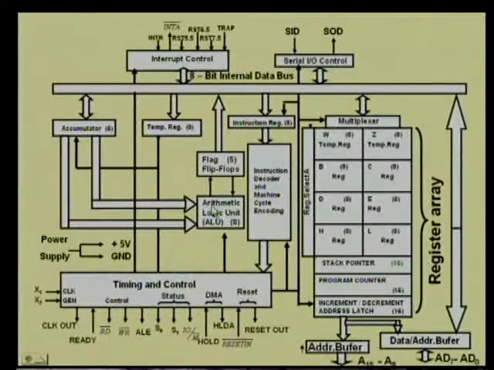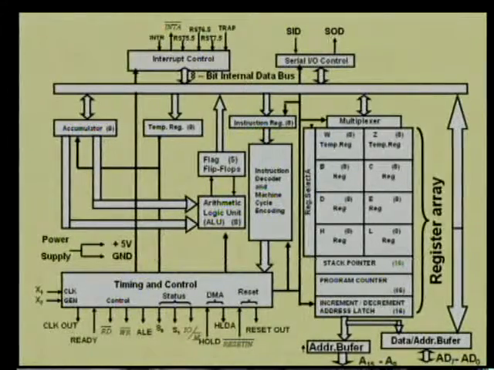Finally we are going to see the architecture of 8085. Here it basically consists of the arithmetic logic unit, instruction decoder, register array, accumulator, flag register, temporary register, then timing and control unit, serial input/output block, and interrupt control.